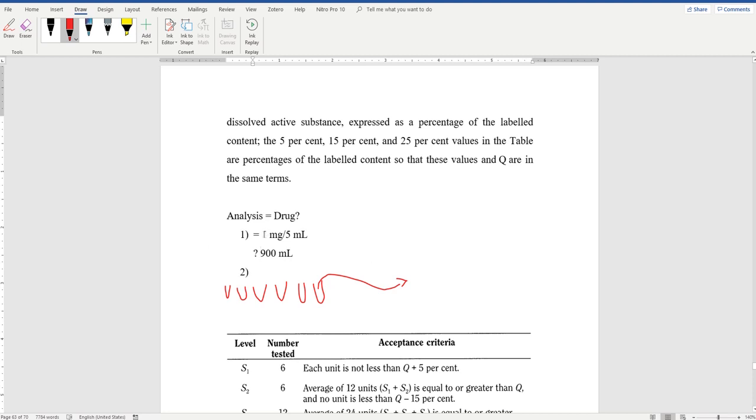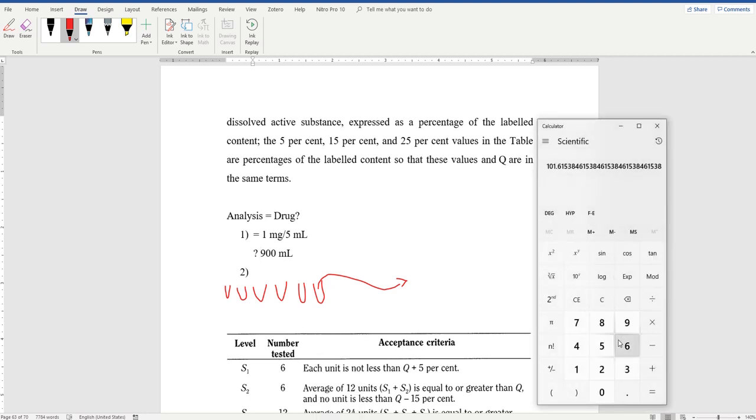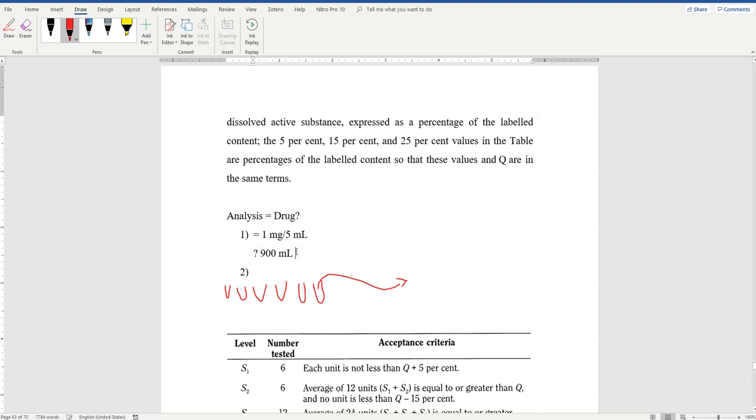You do the calculation: 1 in 5, how much in 900? It will be 180 milligram. That's how much dissolved in 45 minutes in vessel 1.